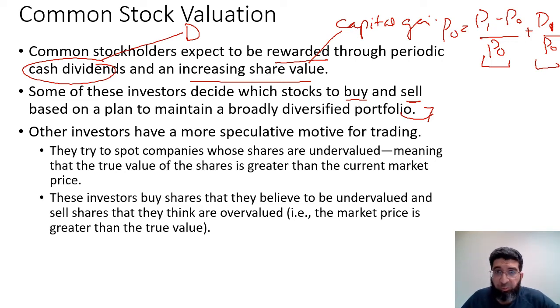However, these stocks have to be diversified in a sense that if a firm does not pay dividends, there is enough from the other stocks to fulfill the investor's requirements.